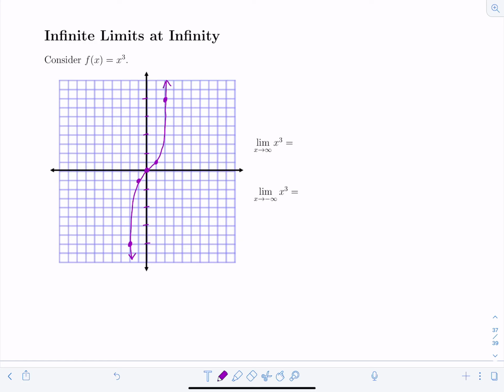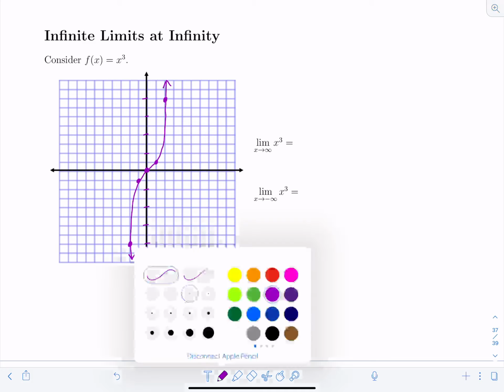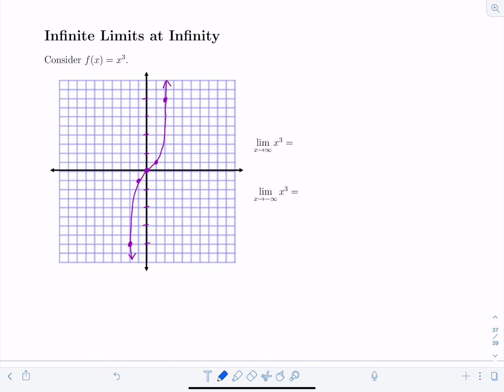All right. Now let's use the graph to help us answer this question. What is the limit as x approaches positive infinity of x cubed? So imagine you're walking on the graph, headed in the positive x direction forever and ever. What y value are you approaching? You're not approaching anything. The graph is just blowing up or getting larger without bound. So that limit is positive infinity.